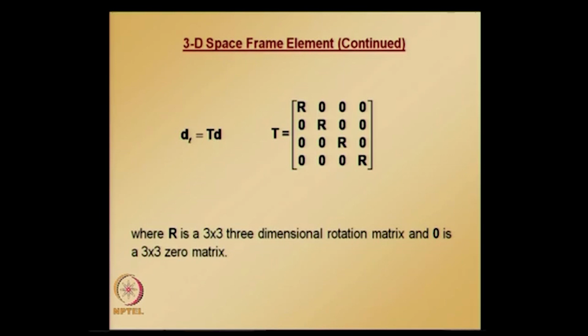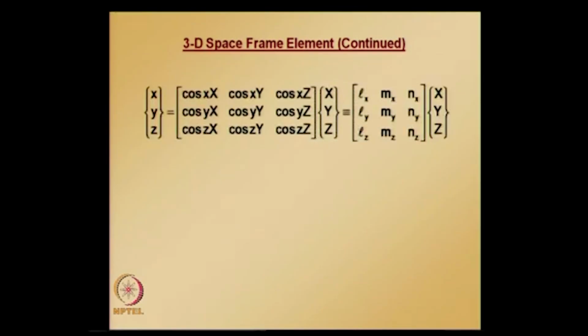In matrix form, this transformation matrix R can be written in this manner, which you already looked at when we were solving space stress problems. The components are just direction cosines.